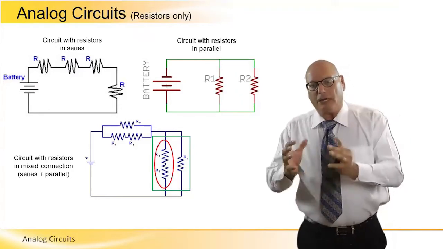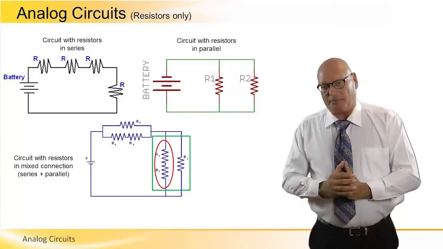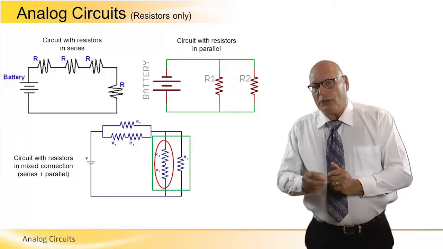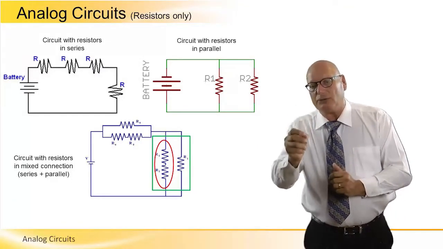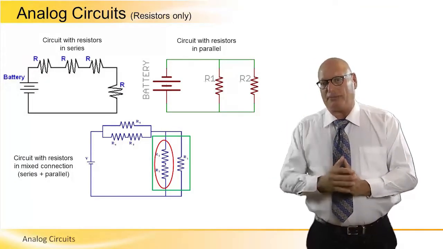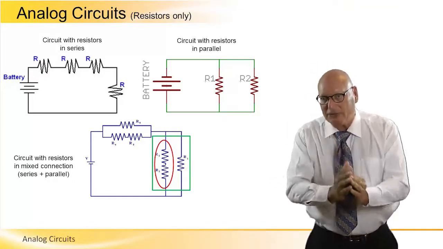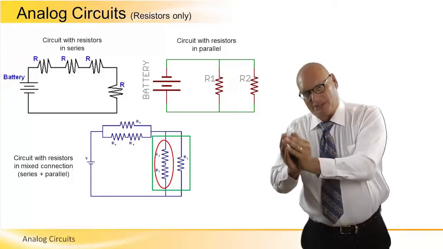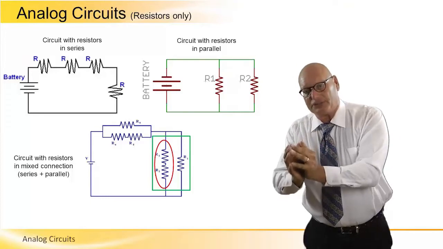Both of them will give us an equivalent resistance. So again, R1 and R2 are two series resistors, and we make up an equivalent to them. Once we have that, together with R3, which is in parallel, we'll get an equivalent resistance to that.